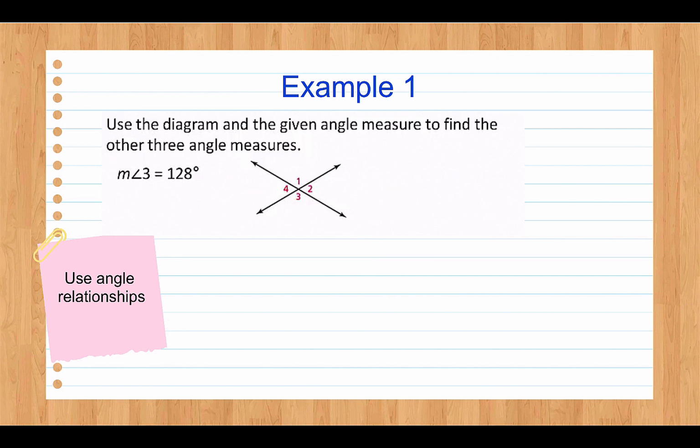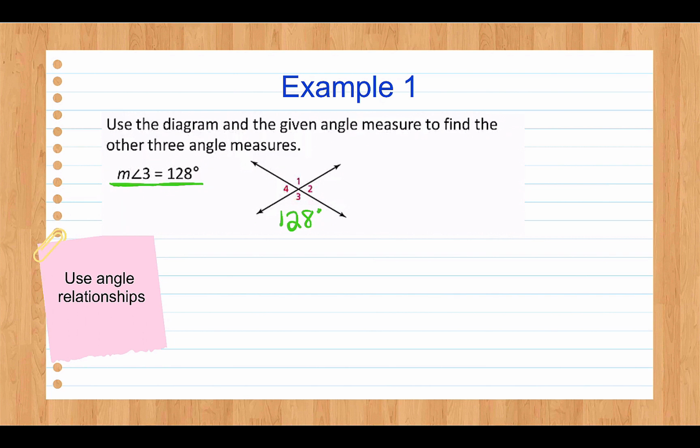So example 1. Use the diagram and the given angle measures to find the other three angles. So it tells us the measure of angle 3 is 128 degrees.